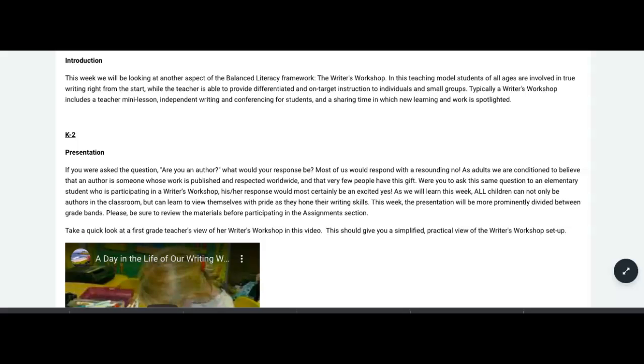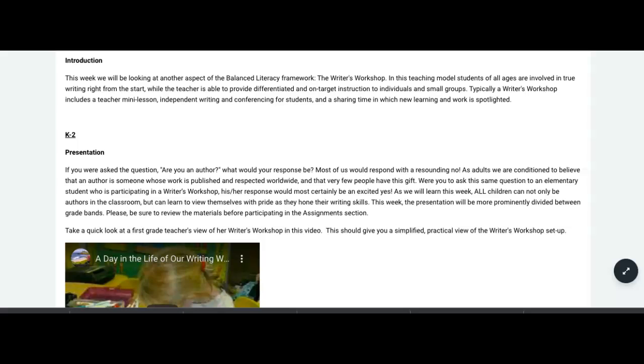This week we are looking at another aspect of the balanced literacy framework, the writer's workshop. In this teaching model, students of all ages are involved in true writing right from the start, while the teacher is able to provide differentiated and on-target instruction to individuals and small groups.